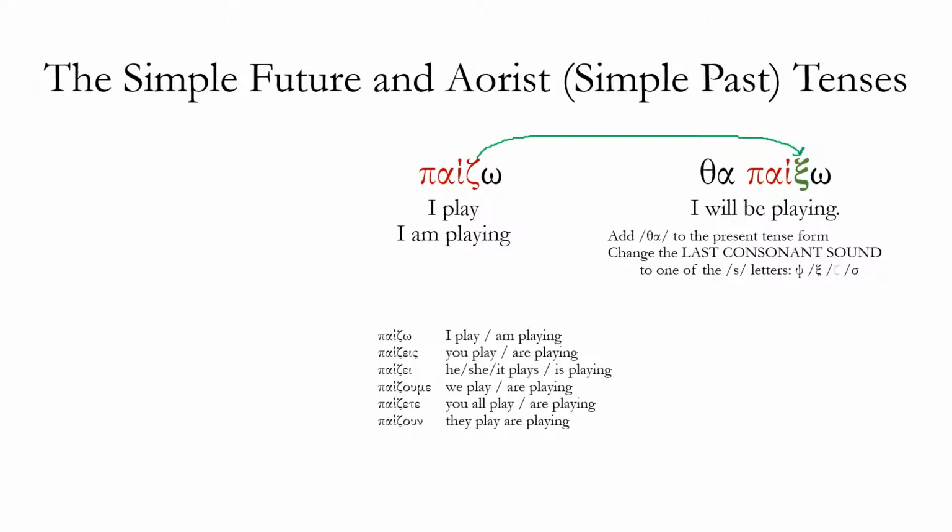Greek has 4 letters that are considered members of the S family. Of course, we have our sigma, which is just S. And the sigma, when it's the last letter in a word, like right here, looks a little bit different.